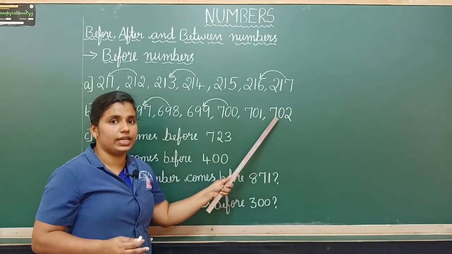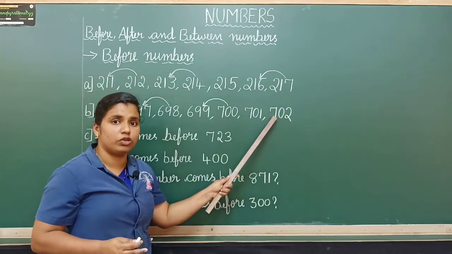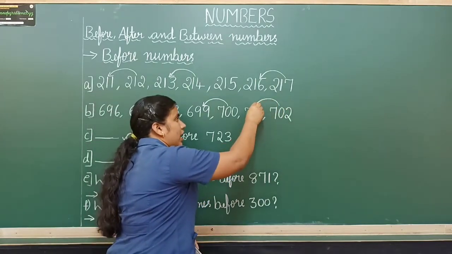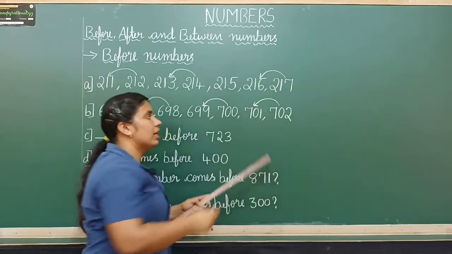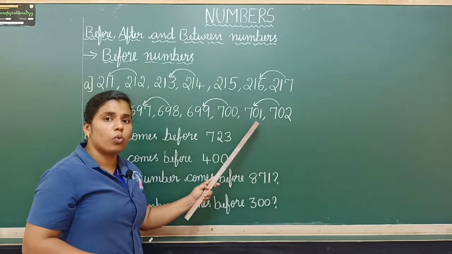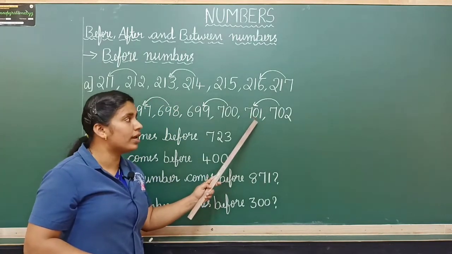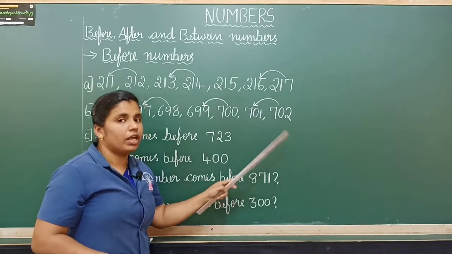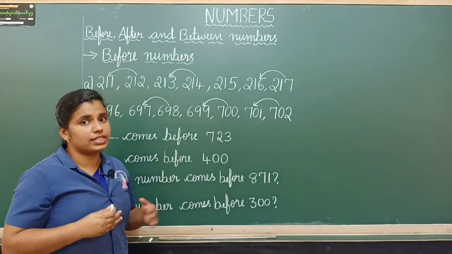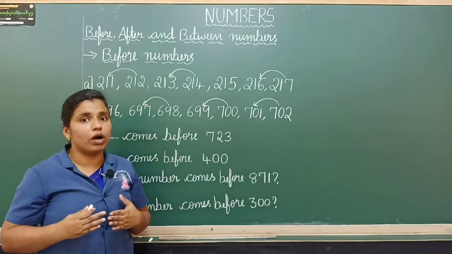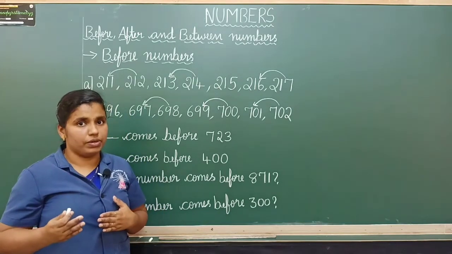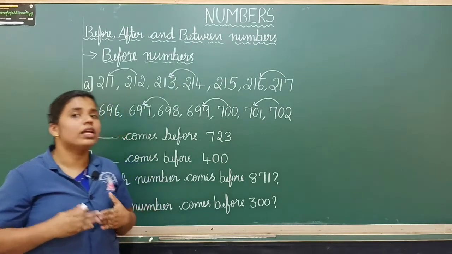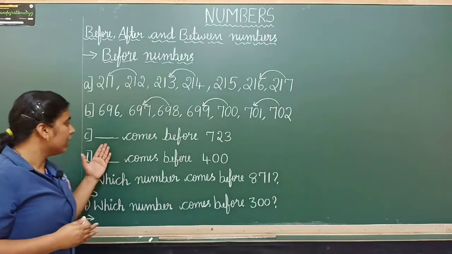Which number do we get before 702? If you start counting backward, you will get the number 701, and 701 comes before 702. I hope with these examples you are clear about before numbers. Let us solve few more examples on before numbers.